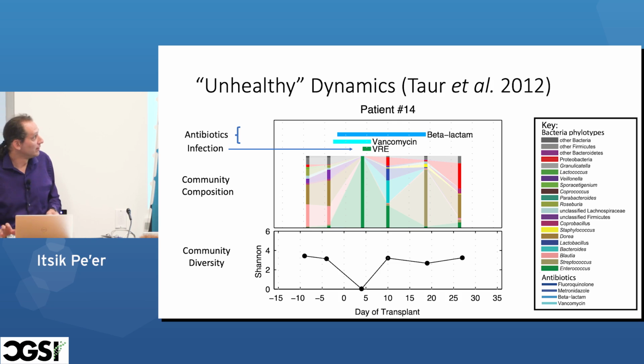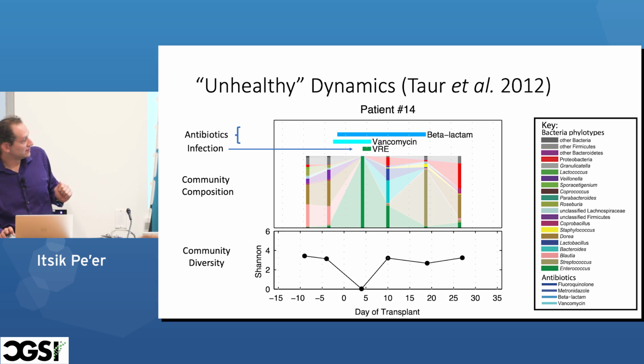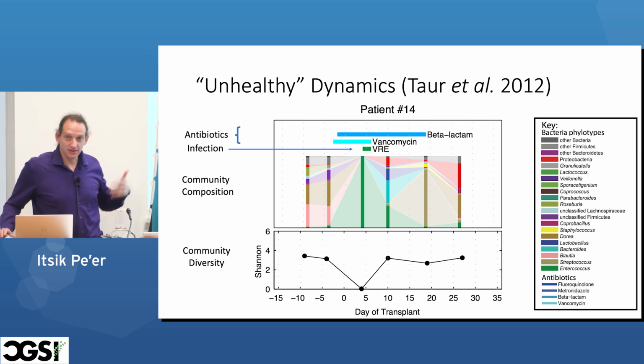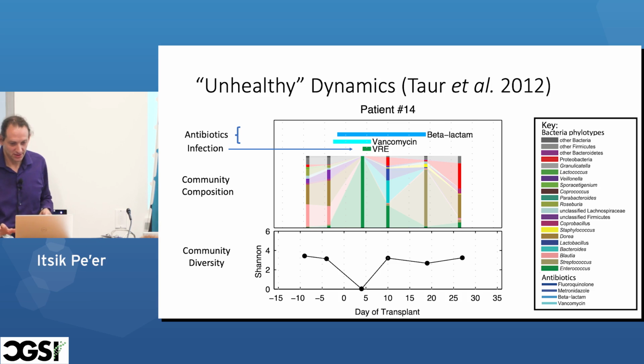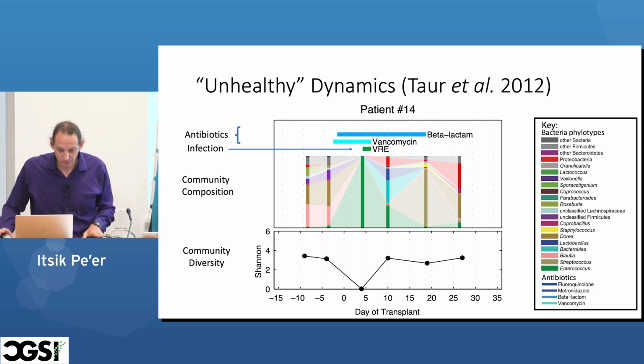This is a particular sample from a paper a decade ago where they had been following transplant recipients before and after the day of transplantation, and whenever they collected samples and sequenced the microbiome, they were able to get the composition of the gut community.